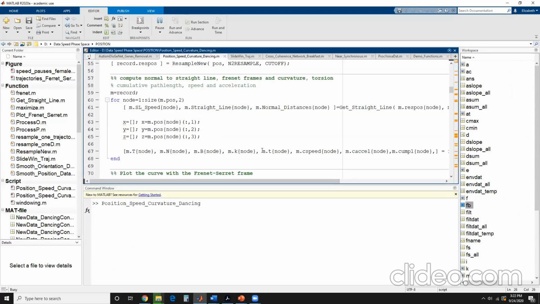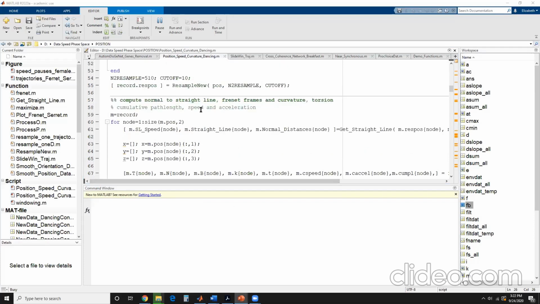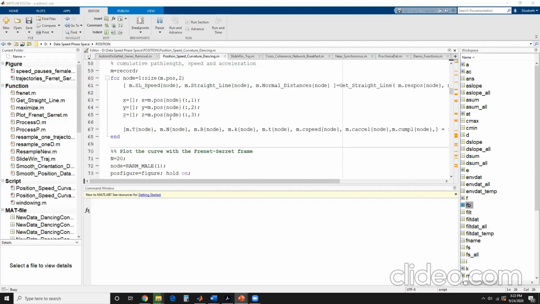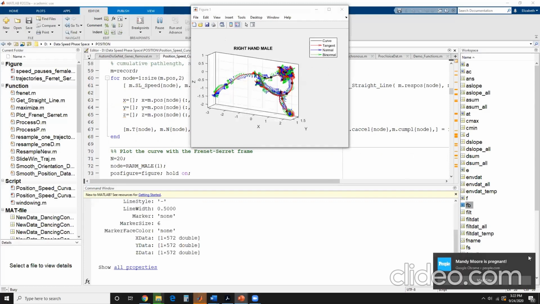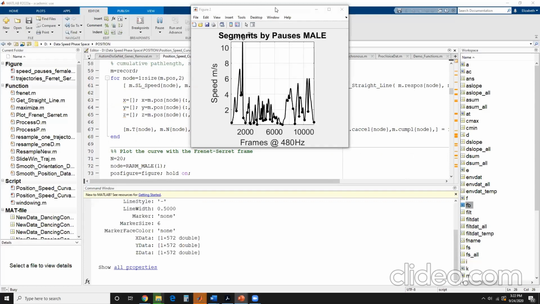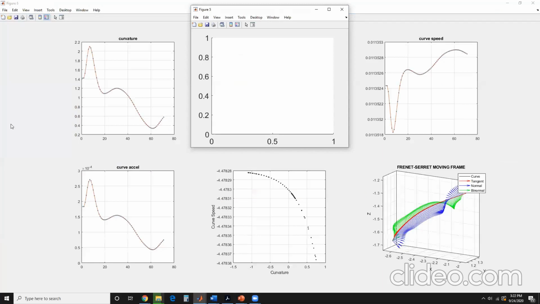It will create a whole bunch of figures. But essentially, it takes the trajectories that the phase space generates. And remember, the phase space is an active LED system, motion capture system. And it automatically segments those trajectories.